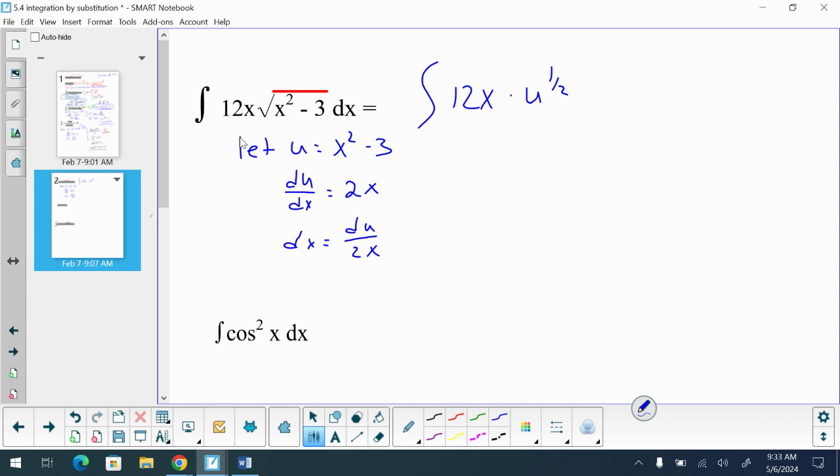Right, square root is u to the 1/2. We have du over 2x. Simplify the 2x and the 12x, leaving us with just 6.